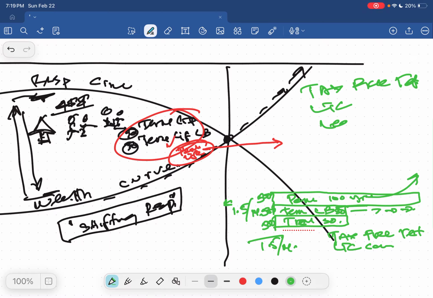So we need that in place. And then we also need to cover for legacy. So that's how we position life insurance for various clients.